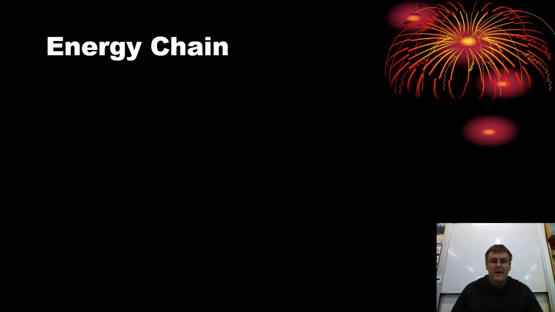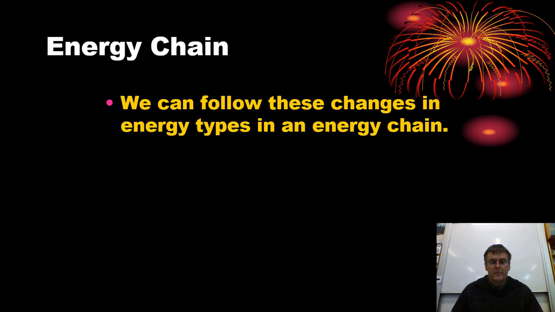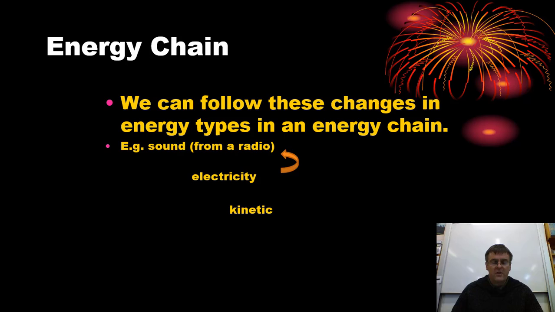We can follow it in an energy chain. For example, the radio sound. Where does that come from? Electricity is driving the radio and making the sound. Where did that energy come from to be electricity? Kinetic energy. It was flowing down the wires to the radio. So where did that come from?